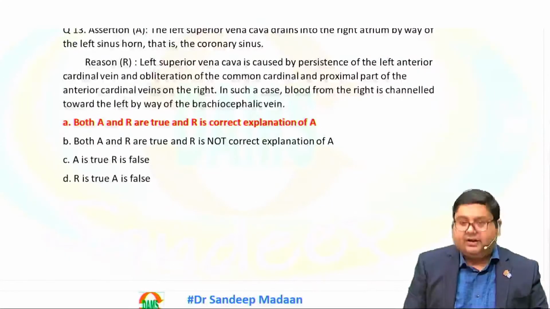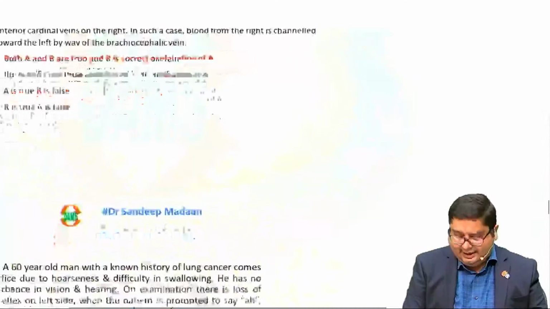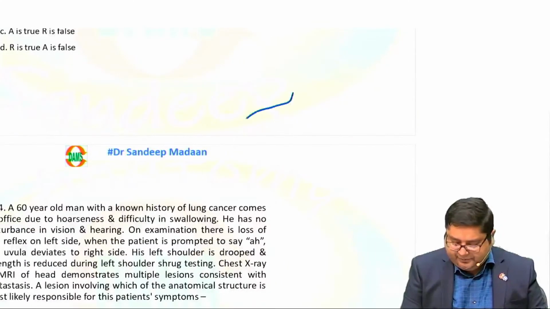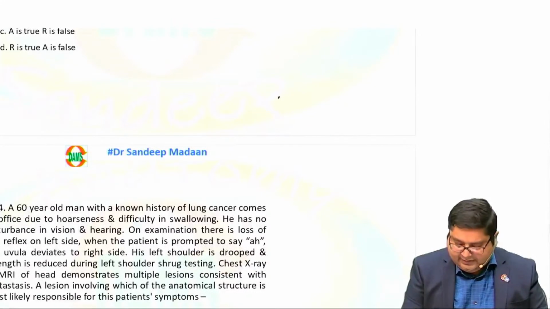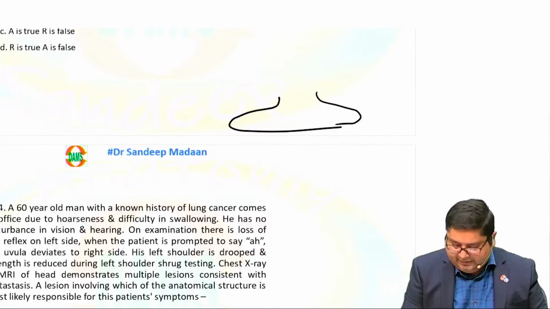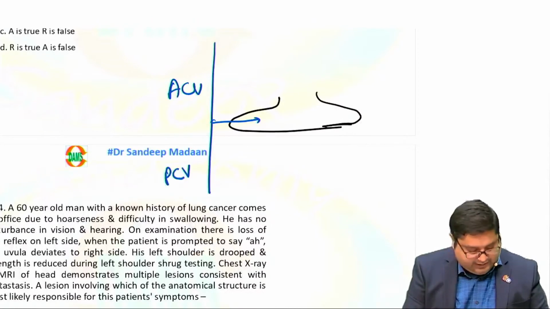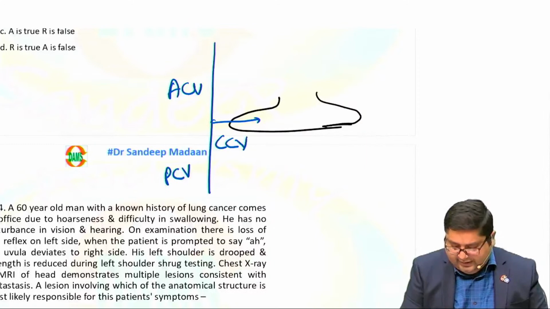Let me explain how. So here, in normal circumstances, this is sinus venosus, where we have left horn and the right horn, and here we have anterior cardinal vein, posterior cardinal vein, and common cardinal vein.